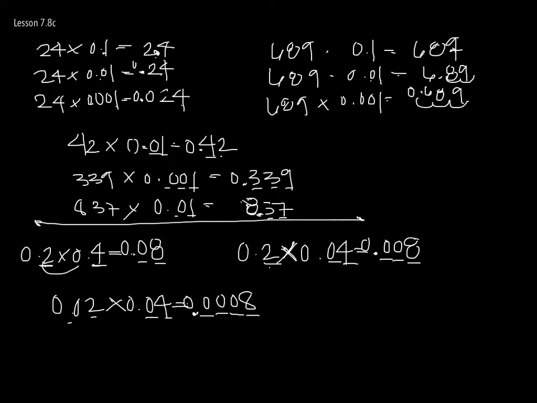Okay? So ladies and gentlemen, when multiplying by a tenth or a hundredth or a thousandth, all we have to do is slide our decimal point to the left. And we determine that by the number of spaces to the right of the decimal point in the multipliers.